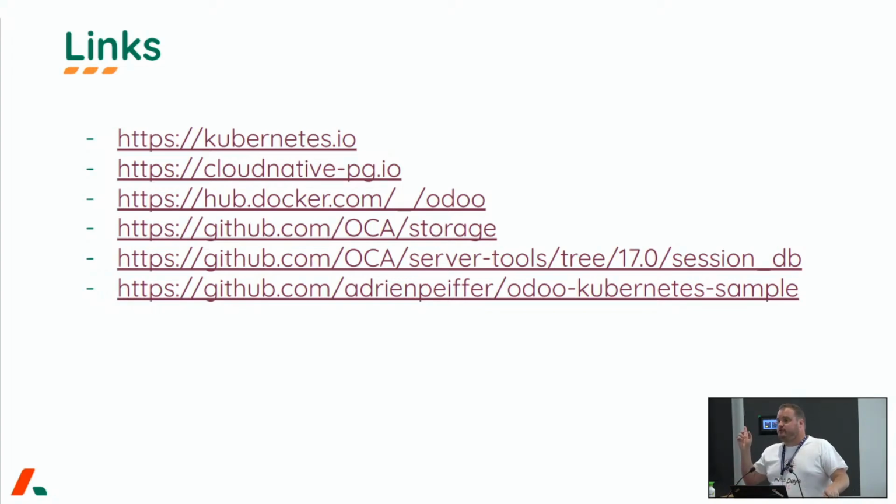And with CloudNativePG, everything is ready for that. CloudNativePG provides a read-write service and a read-only service, which we can use if we have replication. And actually, this feature is available in 18.